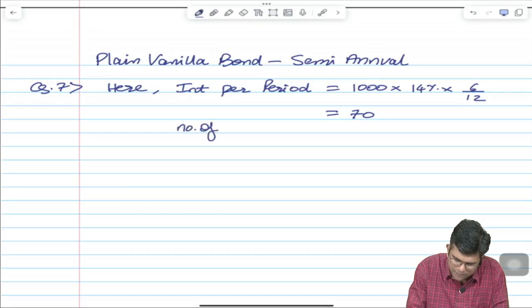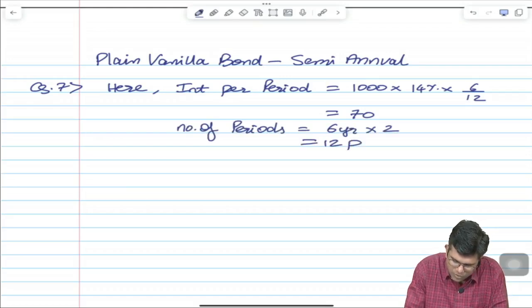Number of periods equal to 6 years into 2, which is equal to 12 periods. Required return will be 16% into 6 by 12, that is 8%.